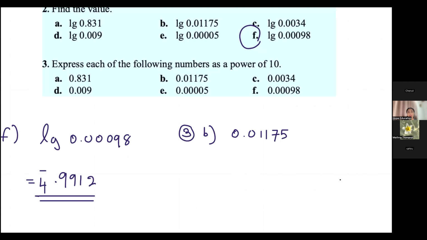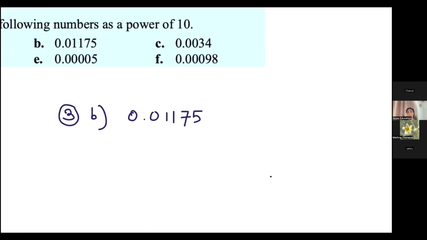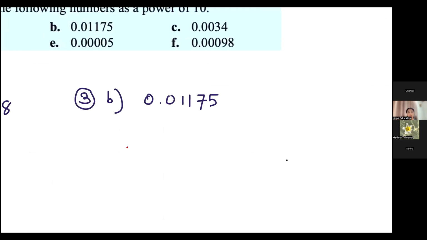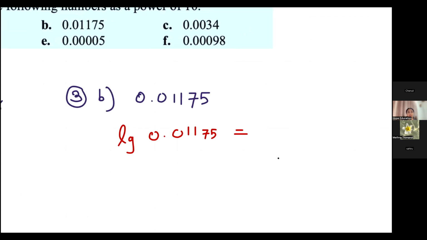Now here, what I'm going to do is find the log value from the log table. LG 0.01175. Can you all find the log value and tell me? I will also find it, then we'll compare our answers.